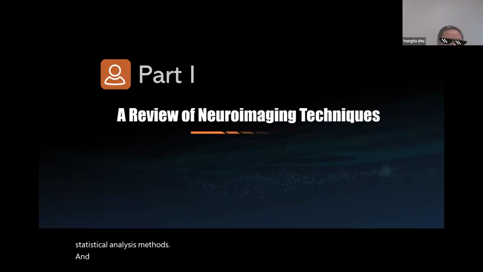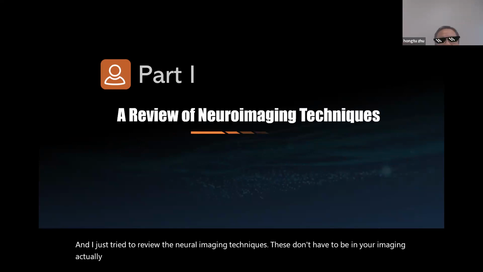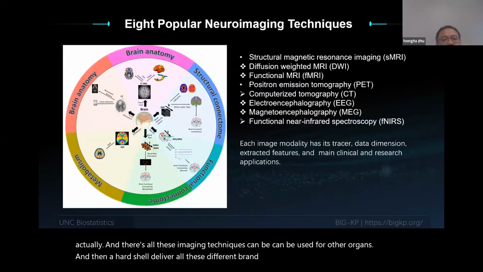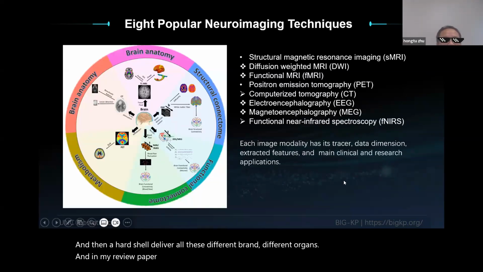I will first review the neuroimaging techniques. These don't have to be neuroimaging actually, and all these imaging techniques can be used for other organs, like the heart or the liver. In my review paper, I reviewed 8 relatively popular neuroimaging techniques.